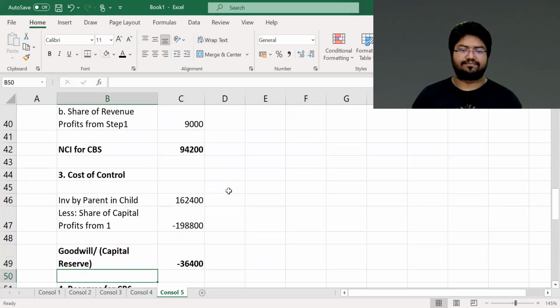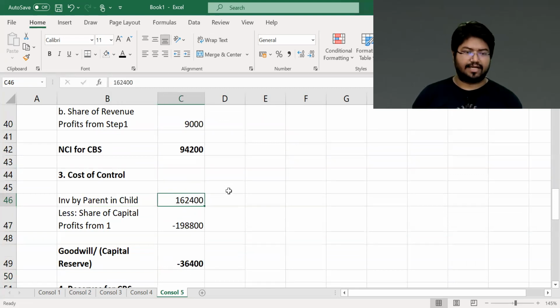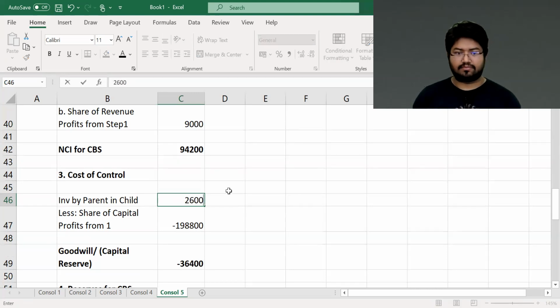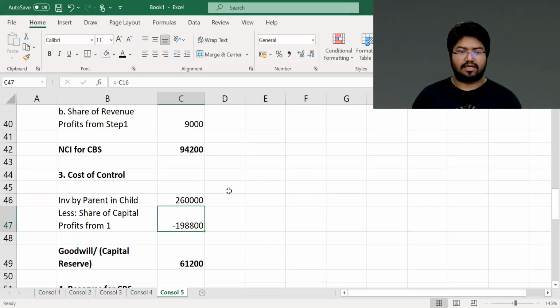If that is done, cost of control: investment by parent in child is 2,60,000, and share of capital profits is 1,98,800.